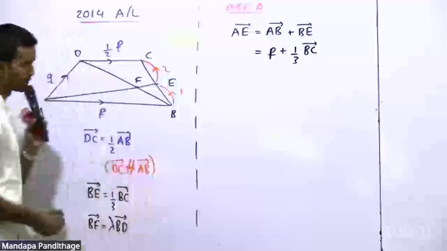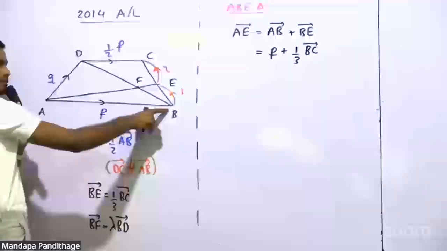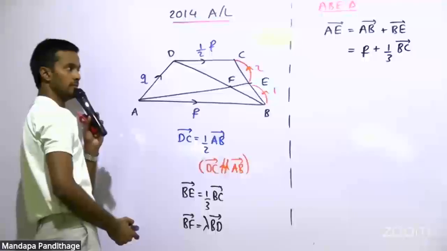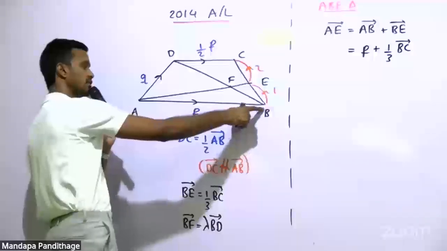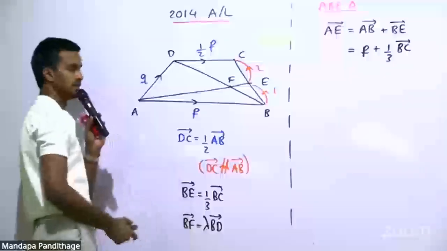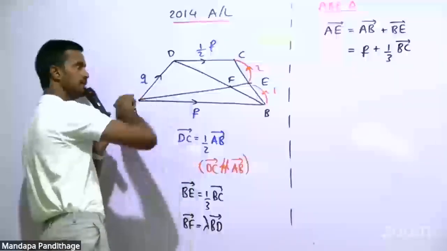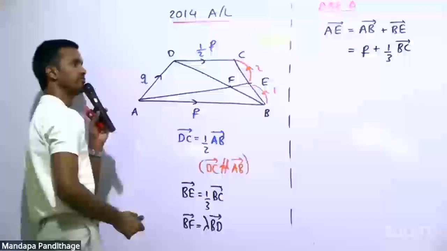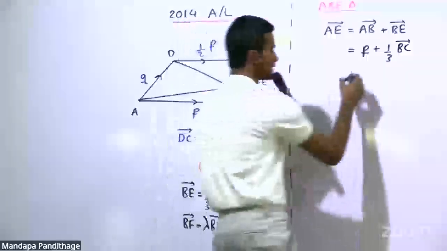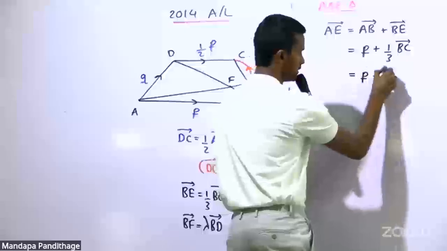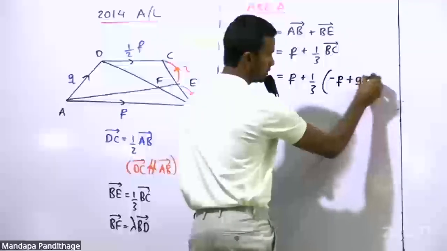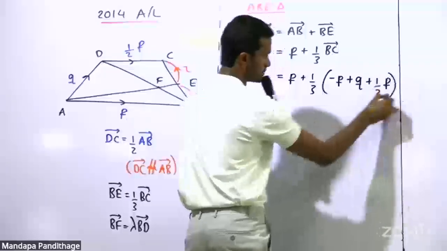So how can we find BC? Starting from B, I need to go to C, and we need to add the vectors that I meet meanwhile. So I can go from B to A, A to D, and from D to C, which gives me minus P plus Q plus half P. Clear? So I can write BC in this way: minus P plus Q plus half P.